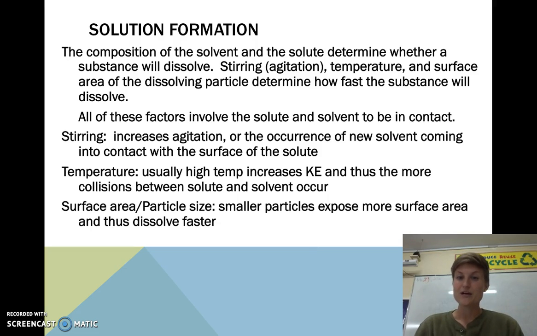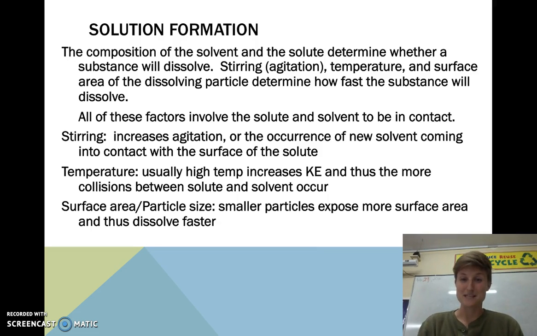So below, you can see in the slide, I've added for you guys those 3 things and some points that help explain them. So with stirring, you have increased agitation, or the occurrence of new solvent being moved in towards the solute, and so those new solvent particles can grab more pieces from the surface of our solute.